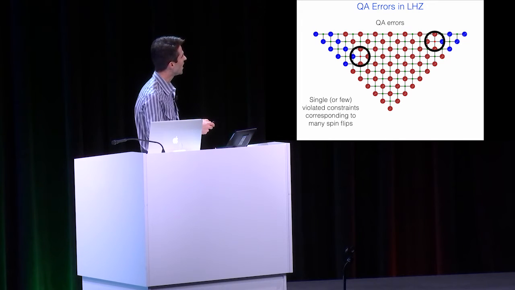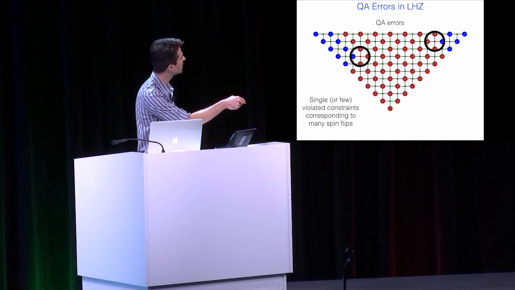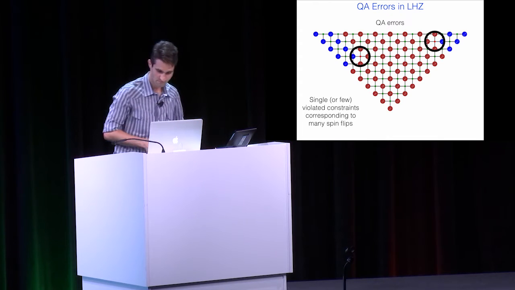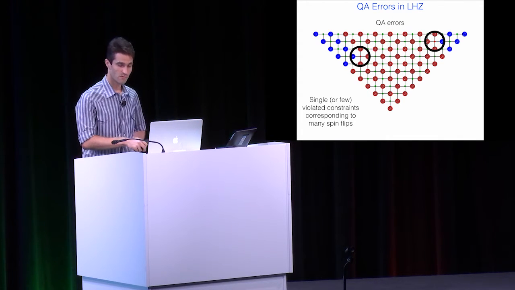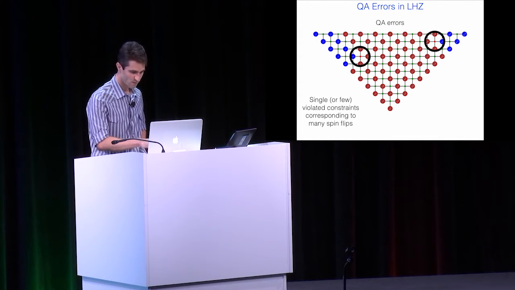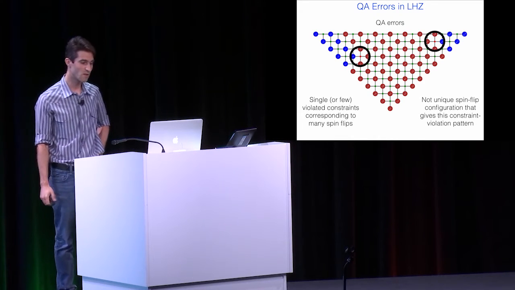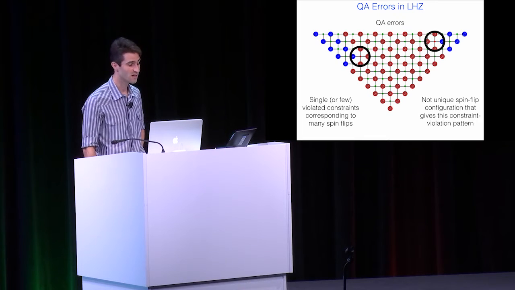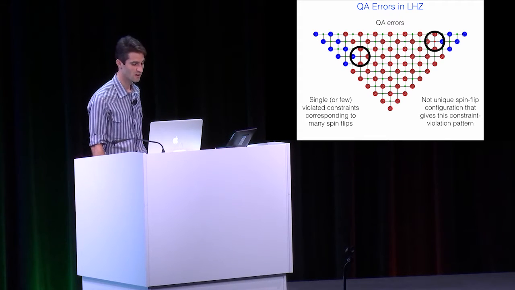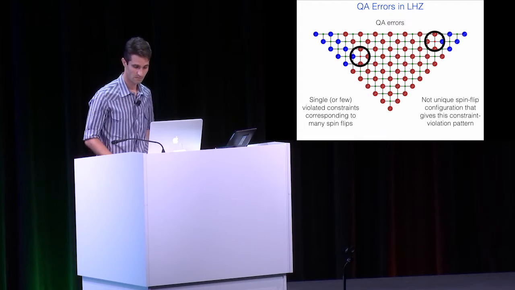For example, I can get this constraint to be violated by flipping all of these spins, and I can get this constraint to be violated by flipping all of those spins. But if you stare at this long enough, you'll realize that this is actually not the unique spin flip error configuration that will give these constraint violation patterns.